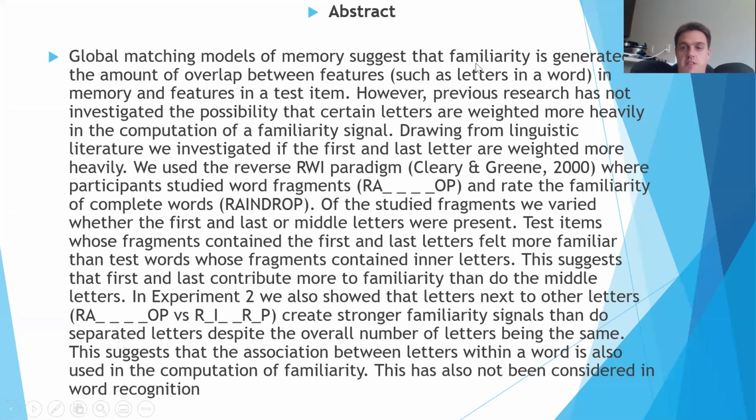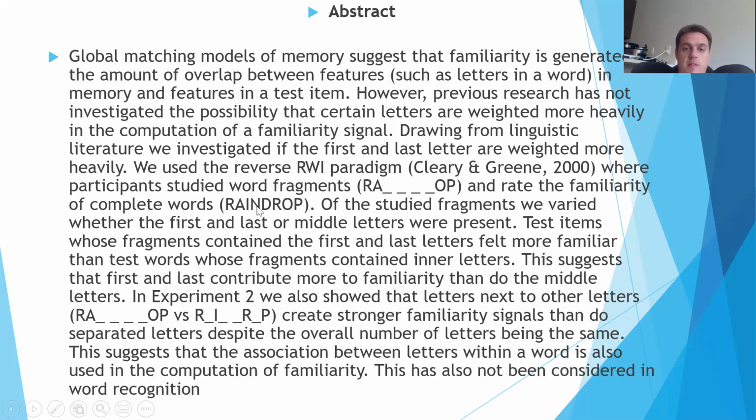So I do have a citation here just because it's particularly relevant, where participants studied word fragments and rated the familiarity of complete words. Of the studied fragments, we varied whether the first and last or middle letters were present. Test items whose fragments contained the first and last letters felt more familiar than the test words whose fragments contained inner letters.